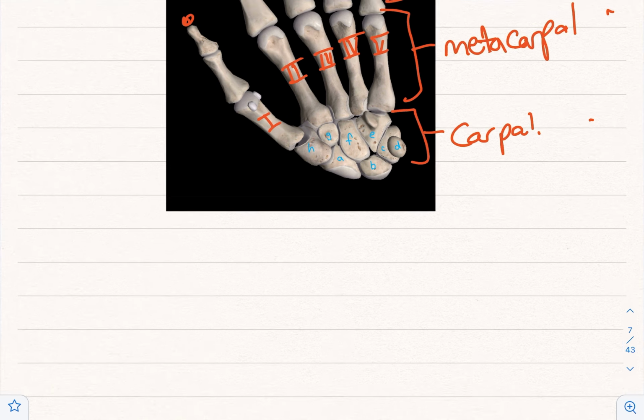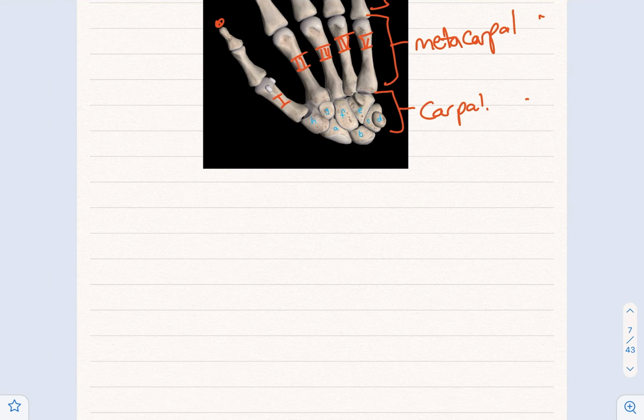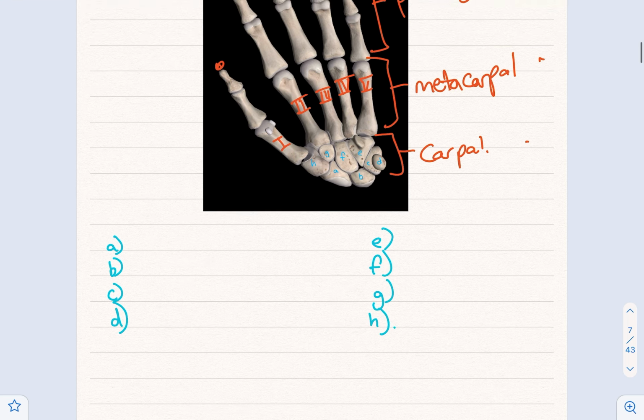Okay, so the first one here is at the base. Think of it as kind of two rows, and it divides there and there. So you've got two rows of carpal bones, and then you get into the metacarpals.